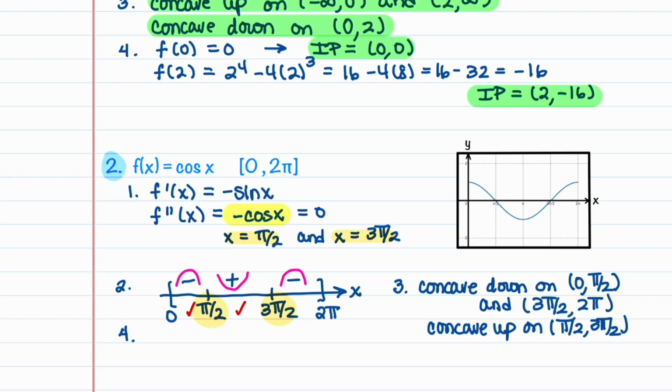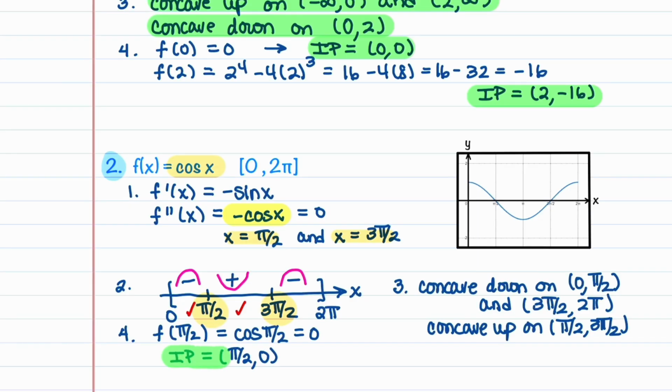So we have to go back up to our original function, cosine x, and find the value of cosine at those 2 points. So we have f at pi over 2 is cosine pi over 2, which is just 0. So we have an inflection point equal to pi over 2 comma 0.